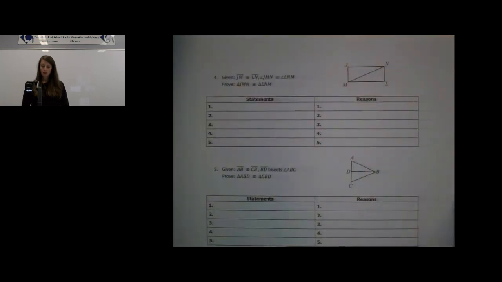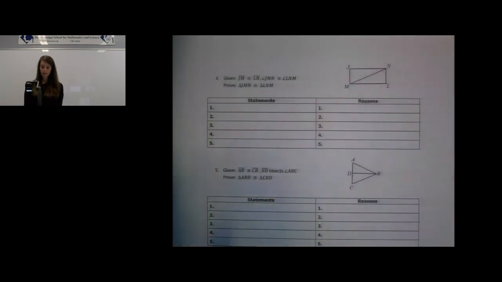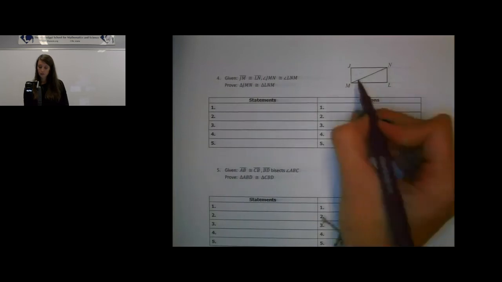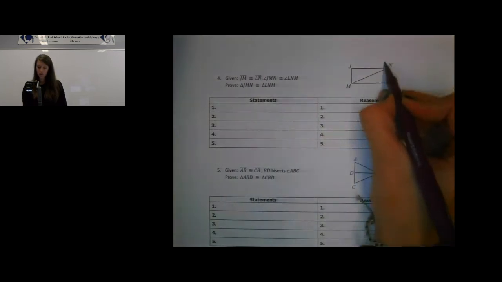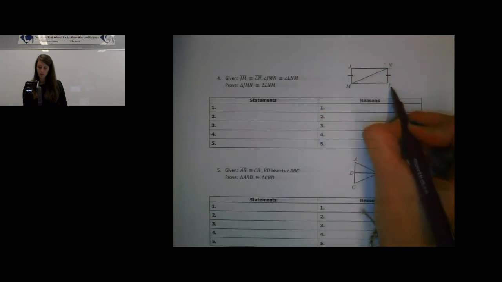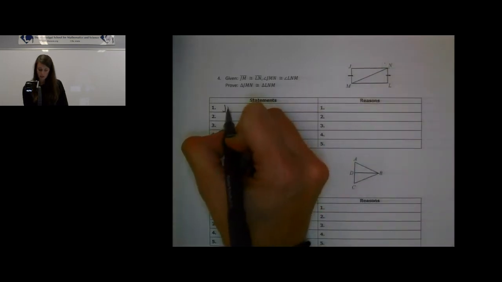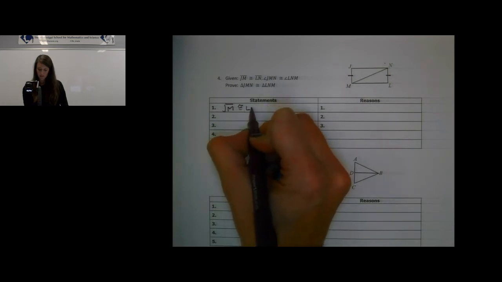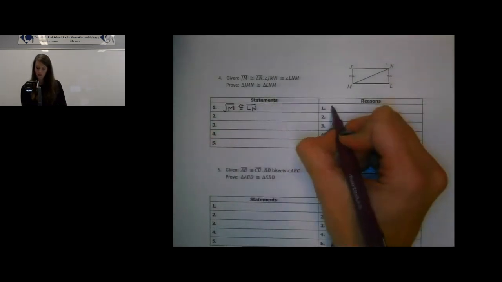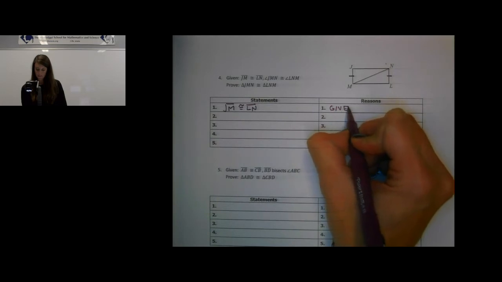All right, so let's look at these next three. So number 4 here, I have JM. So JM is congruent to LN. So that was given to us, right?